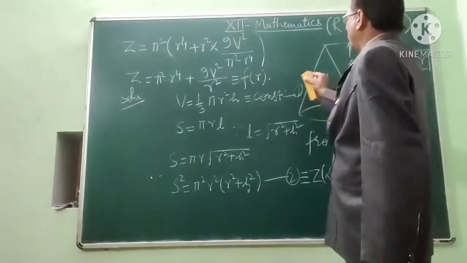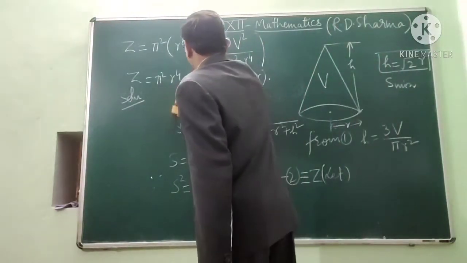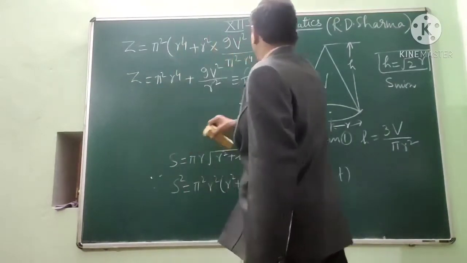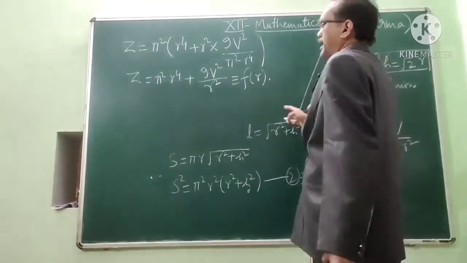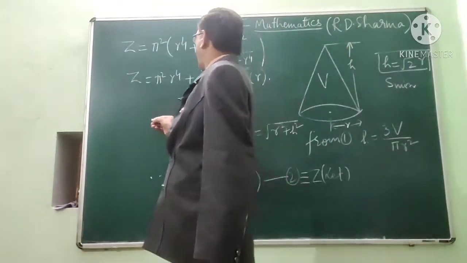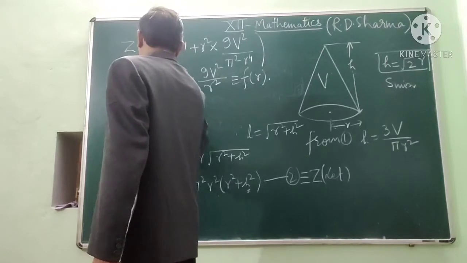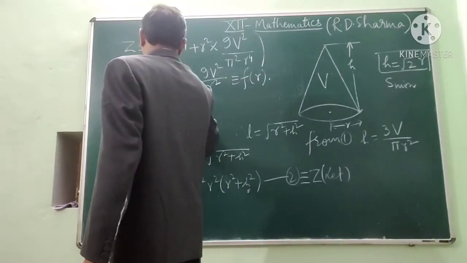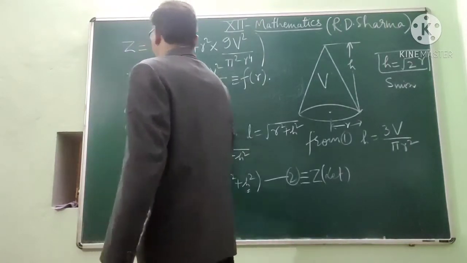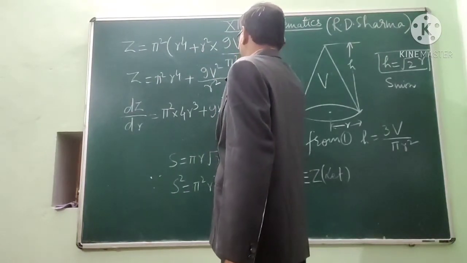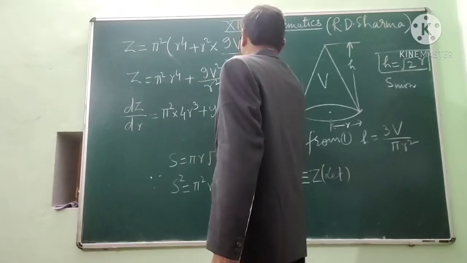Now z is a function of r, so we will differentiate z with respect to r. So dz over dr is pi square into 4r cube plus 9v square into minus 2 upon r cube.